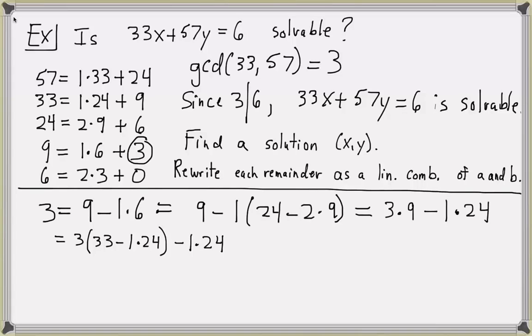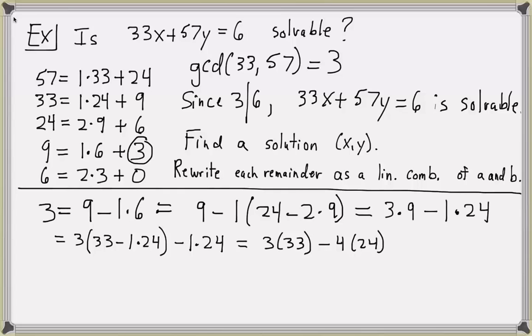So I'm going to expand this a bit, and I get 3 times 33. I have a total of minus, when I multiply this together, minus 3 times 24, and a minus 1 times 24. That's going to give me a total of minus 4 times 24. So I've written 3 as a linear combination of 33 and 24.